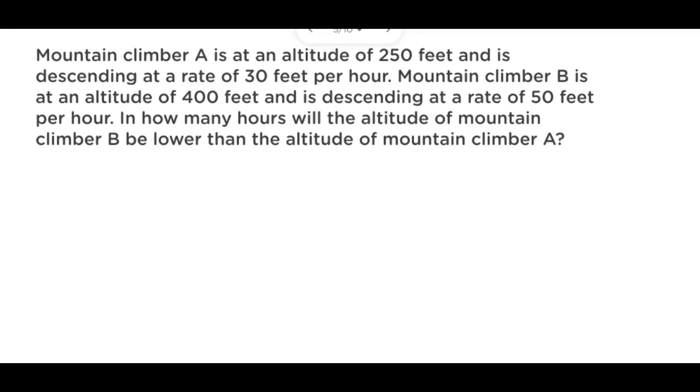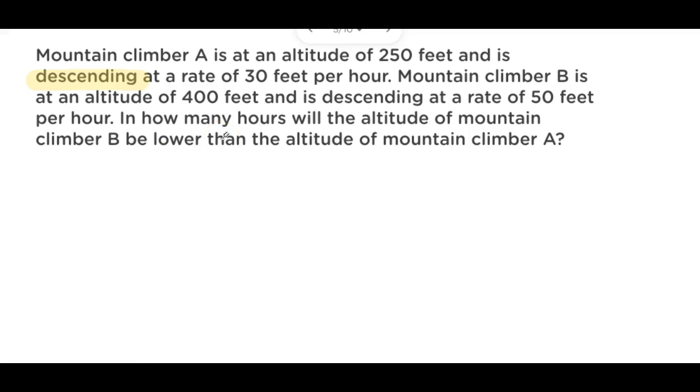All right. So this problem says that mountain climber A is at an altitude of 250 feet and is descending. That's interesting. He's descending at a rate of 30 feet per hour.